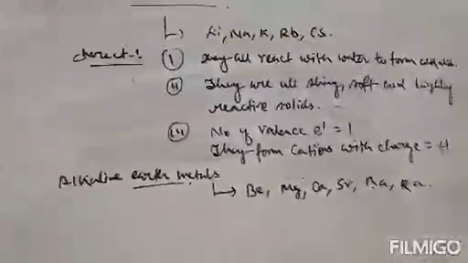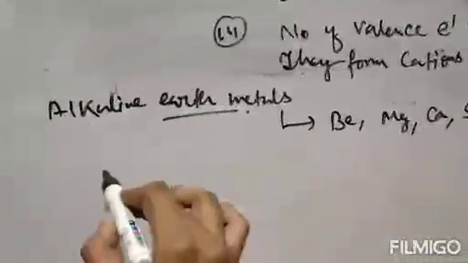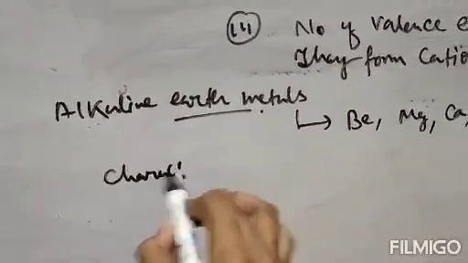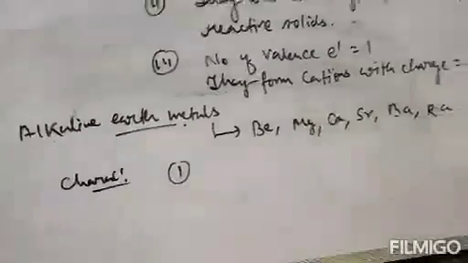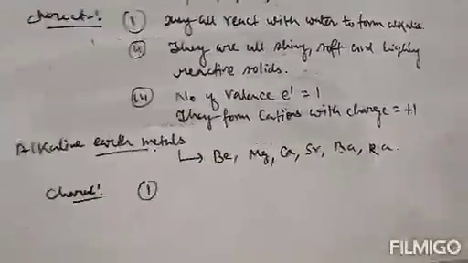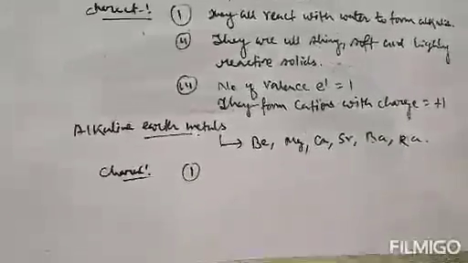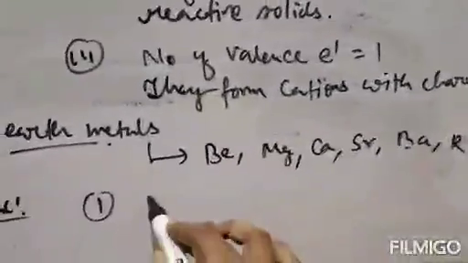Like alkali metals, these metals also have some characteristics. The first characteristic is that their oxides are alkaline. The oxides of all these elements are alkaline in nature. That's why they are termed as alkaline earth metals.